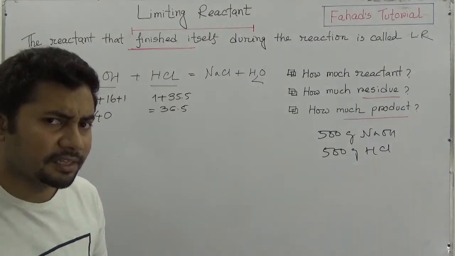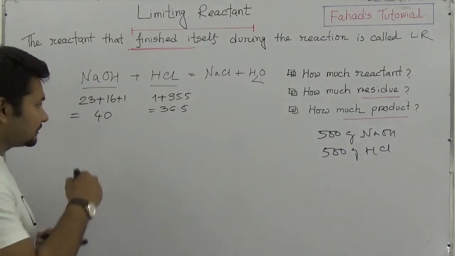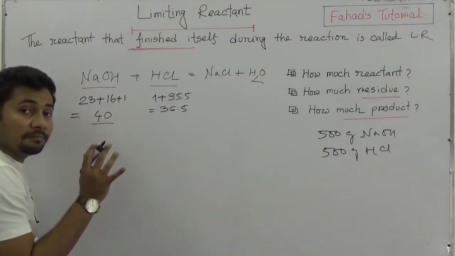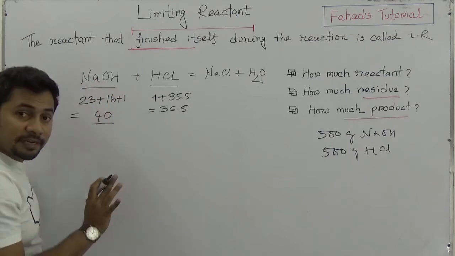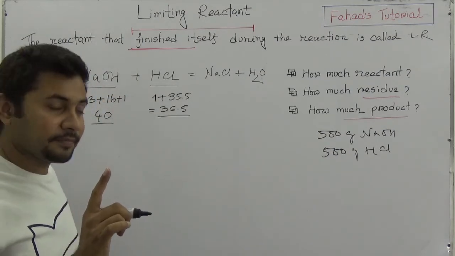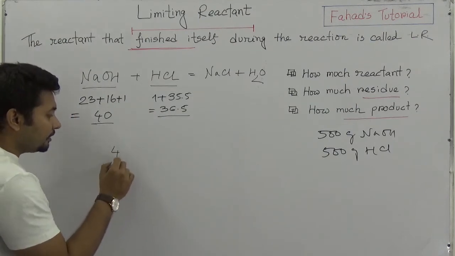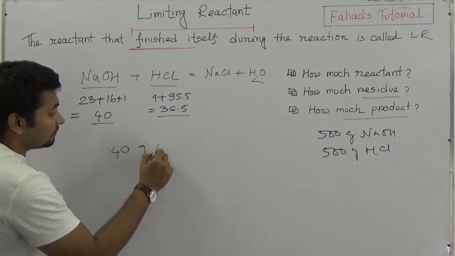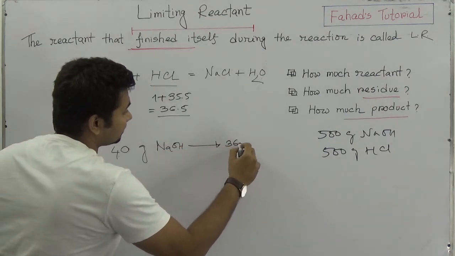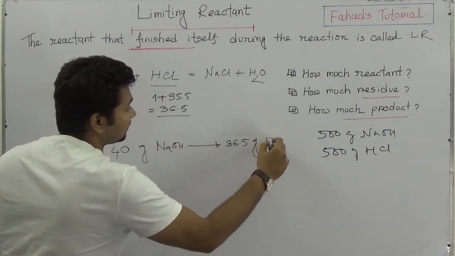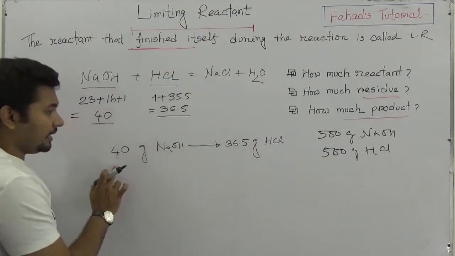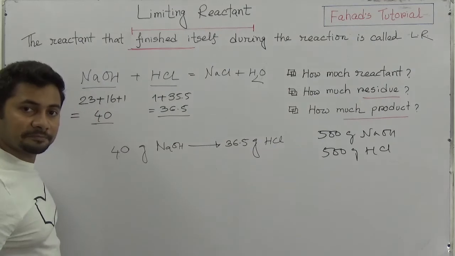Now I am giving you a trick. You think about it. Simply, before calculating, 40 gram sodium hydroxide is reacting with 36.5 gram HCl. So 500 and 500 would not be the same.